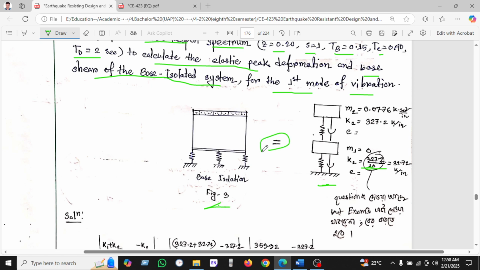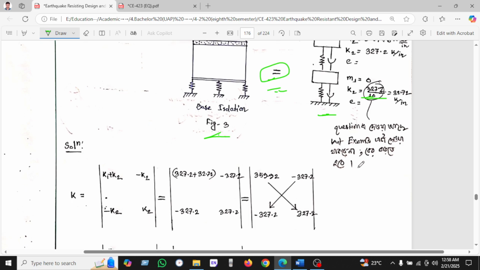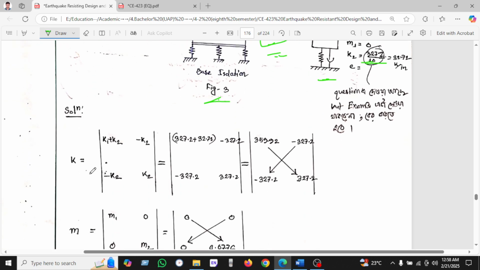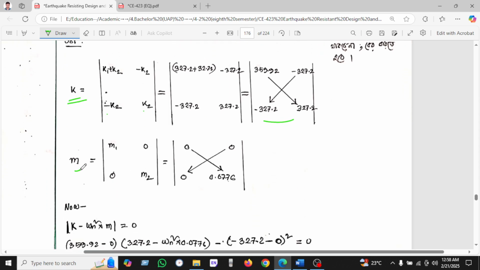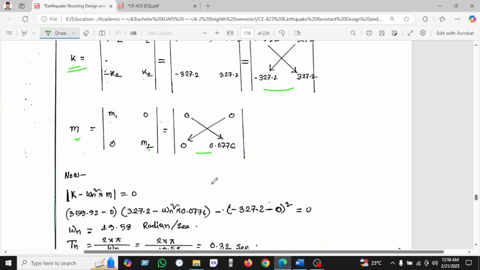So m2 is given 0.02, k2 is given, and all the data will be given in the question. We know k equals k1 plus k2, minus k2, minus k2 and k2, and m is m1 0, 0 m2, and in this way we put all these values.